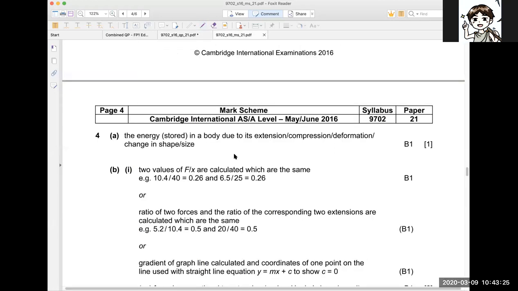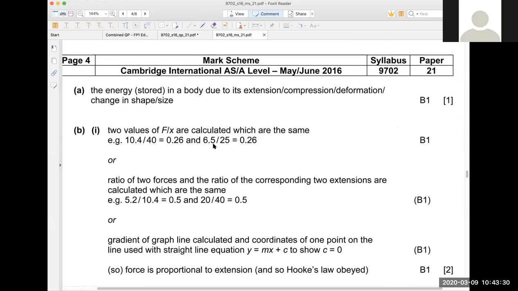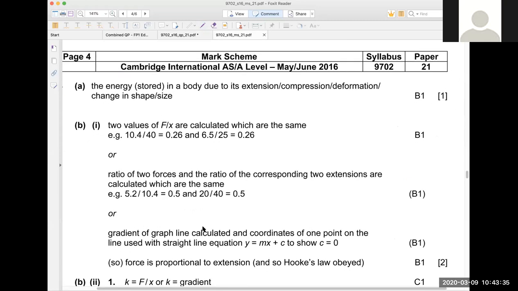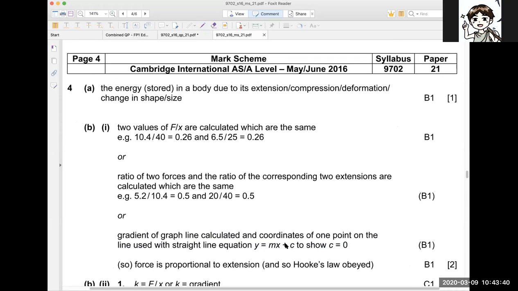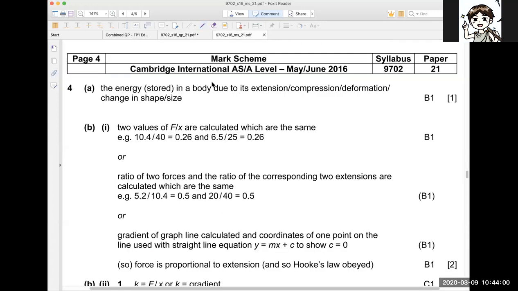So let's say y equals mx plus c, and then you need to show that the vertical intercept is 0. Another way to do it is to find F over x to see whether these 2 points have the same F over x. If they have the same F over x, that means it passes through the origin. So it's 0.26.